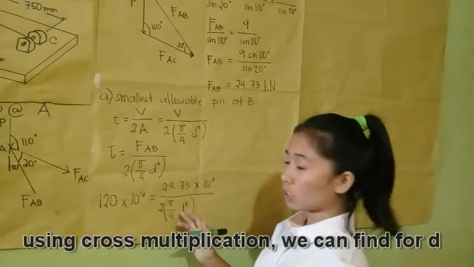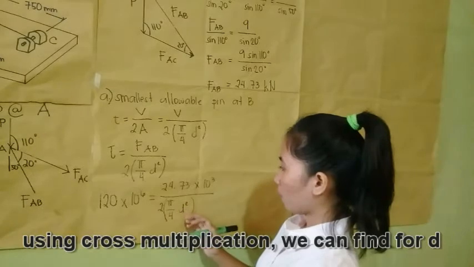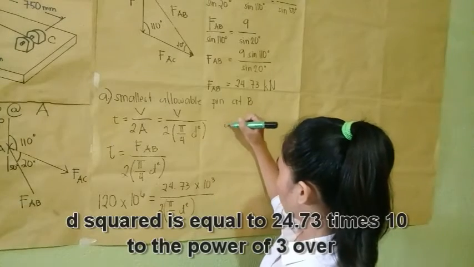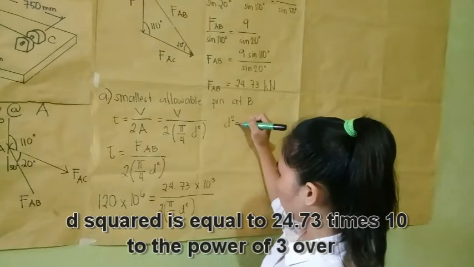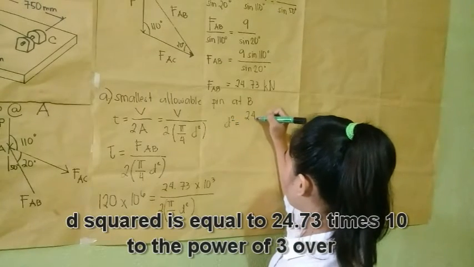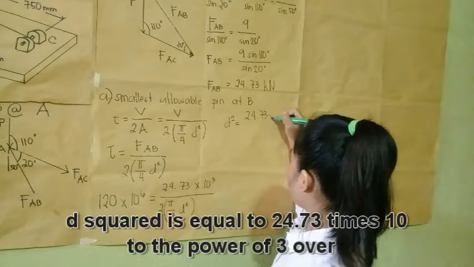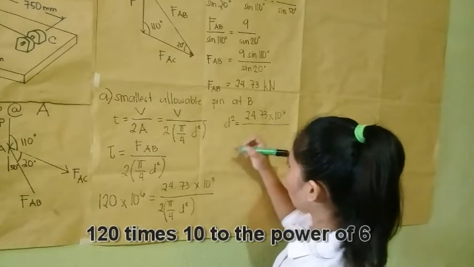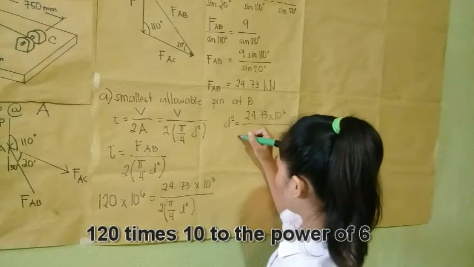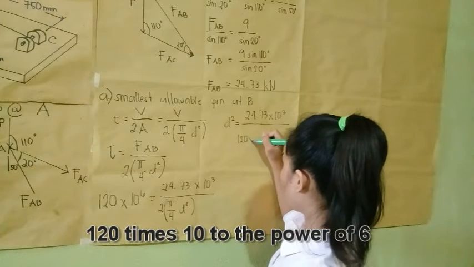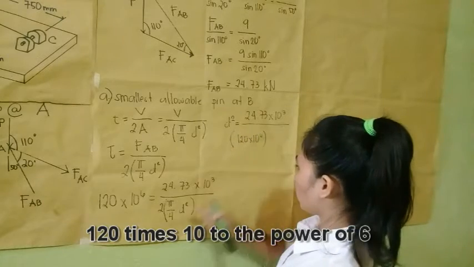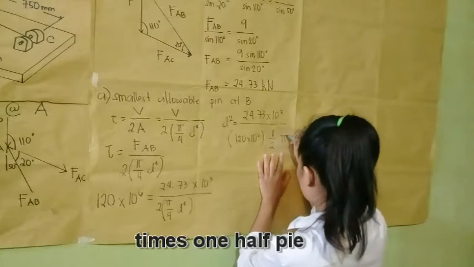So using cross multiplication, we can find d. So d squared is equal to 24.73 times 10 to the power of 3 over 120 times 10 to the power of 6 times pi over 4 times 2.